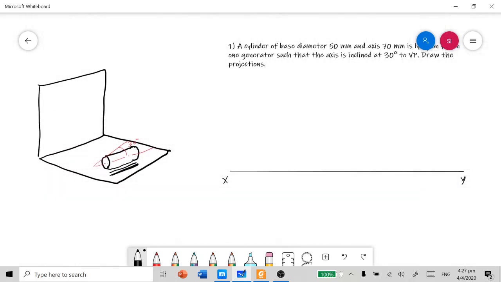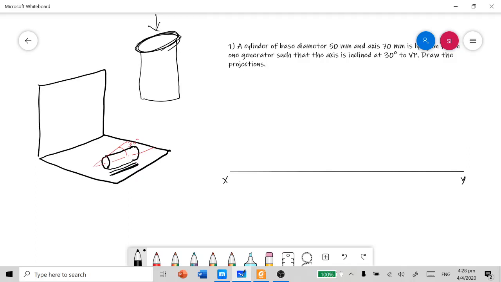Then we have to decide from which view we can start the answer. Generally, in all projection of solids problems, in the change of position method, we start the answer by drawing the base view of the cylinder. Here your solid is a cylinder. The base view is nothing but a circle.